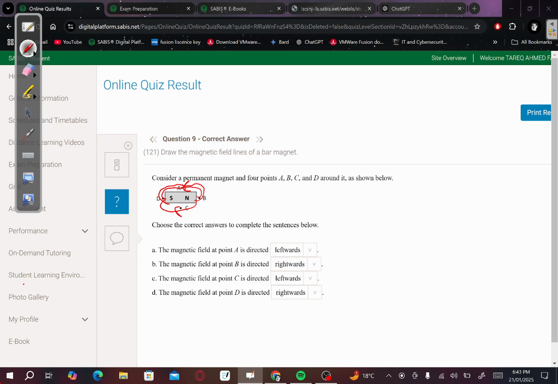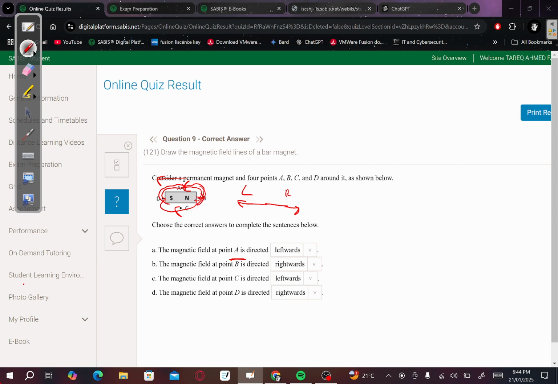So at point A, this is my left. If you don't know your left and right, this is left, this is right. The magnetic field at A is directed leftwards because, as you can see, it's going this way. The magnetic field at B is directed rightwards because, as you can see here, it goes right for a bit, then it goes to the left.